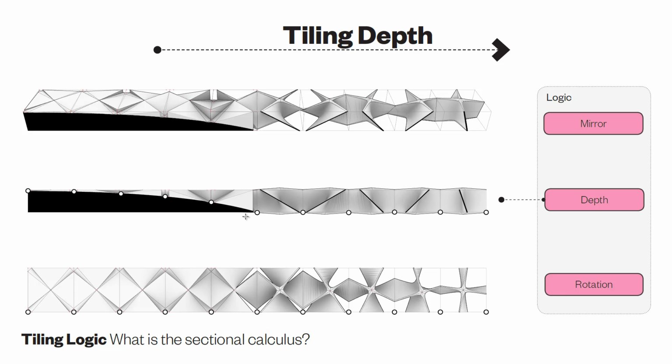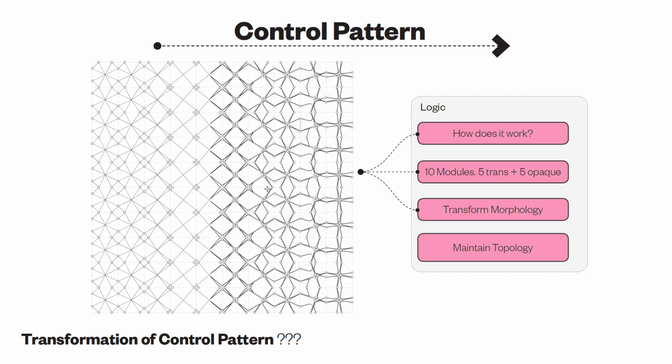There was a lot of study done just to make sure that the gradation of this thing over a large surface looked smooth. Here's just a section of how that happened, and all this just to make a control pattern, right?